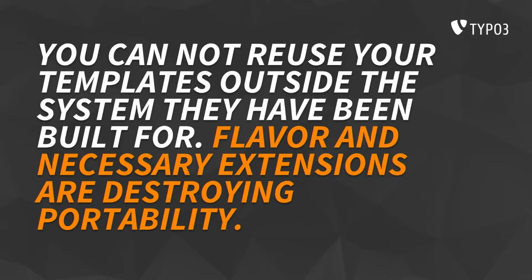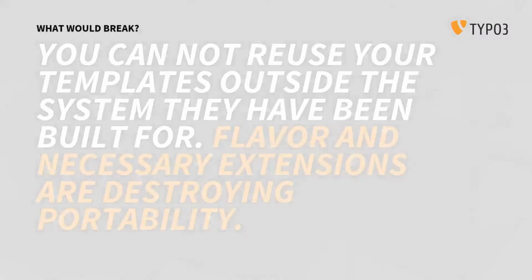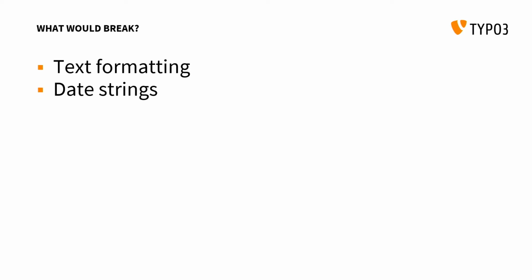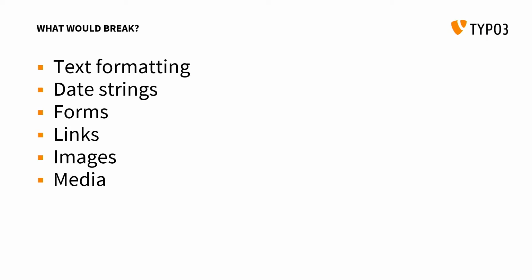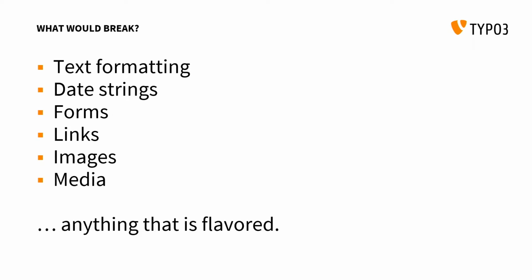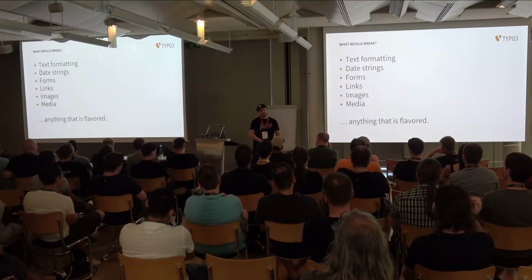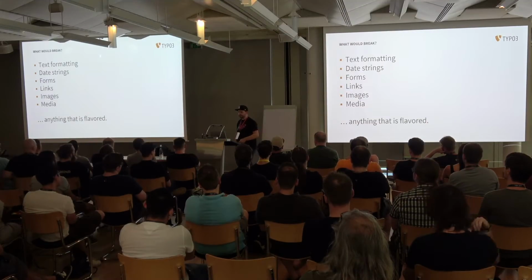To give you an imagination of what that could be: text formatting, date strings, forms, links, images, media, everything. So it gets really complicated. So just these as upfront clarifications, so you will understand what we will do next.